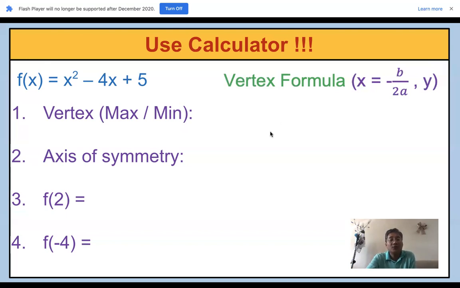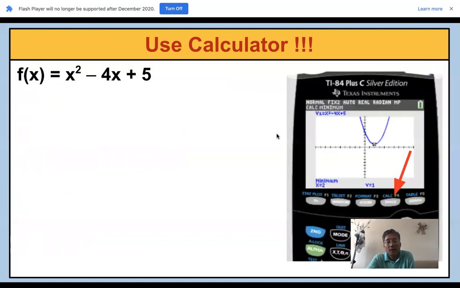You can get it this way by using the formula. But today we are going to use the calculator. So how do you use the calculator to get the vertex? Now, if you go into the graph mode, the Y equals screen, if you click here, you can put the function in. And then we go to second, calculate, CALC, above the trace.